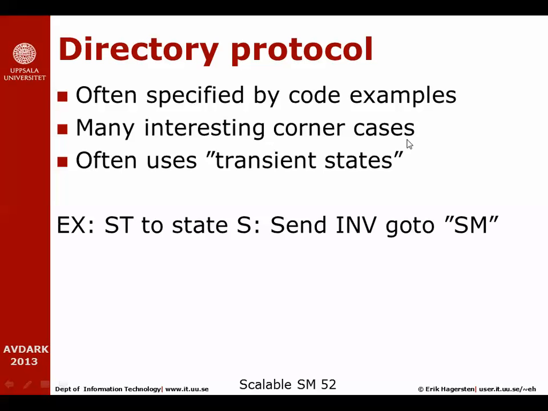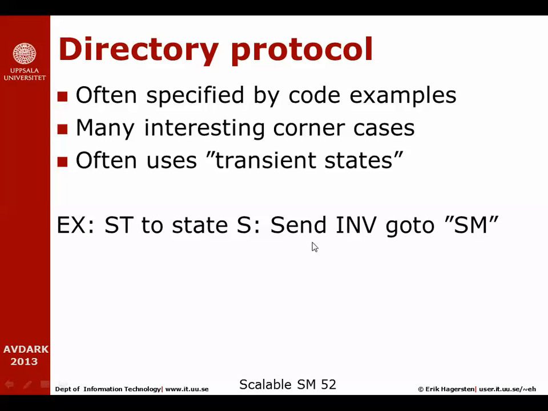There are many interesting corner cases, as I said, and often when you do the implementation of the protocols, you introduce some transient states, so you can catch these interesting corner cases. So these are states that are not visible from an outside viewer. It still looks like a MOSI protocol or a MOESI protocol or whatever protocol you implement. But for example, when you do a store to a cache line in state S, well, you need to send out an invalidation signal.